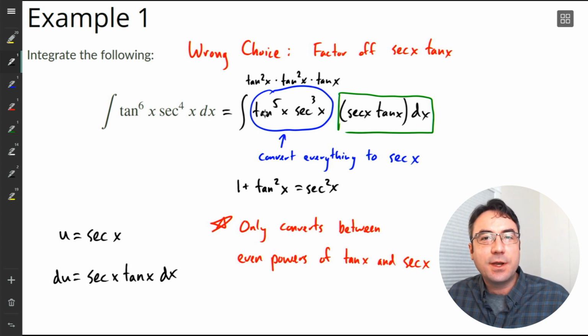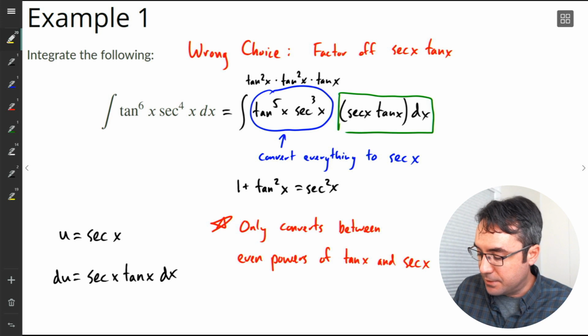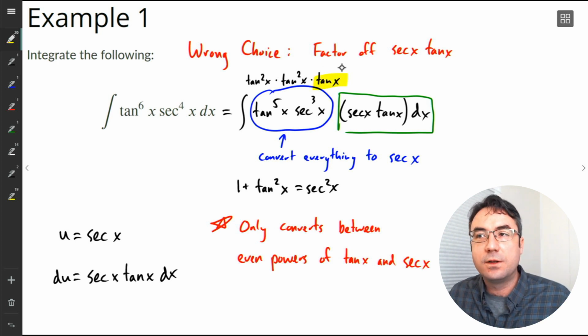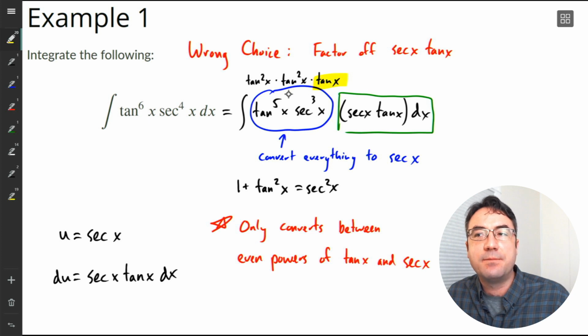So generally what you'll see is you'll get stuck converting some of those trig functions to the other one. And so in this case, we're going to get stuck. We're not going to really be able to convert this one lone tangent term over to a secant. We'll be able to do some of them, but not all of them. And that gets us stuck when we need to go do the substitution.